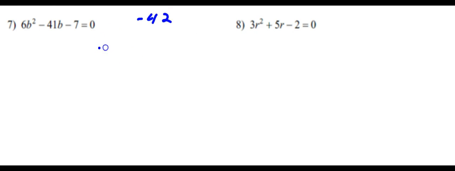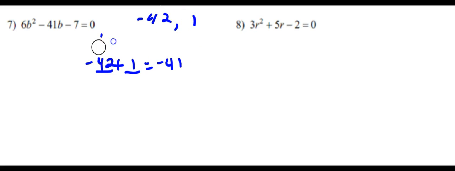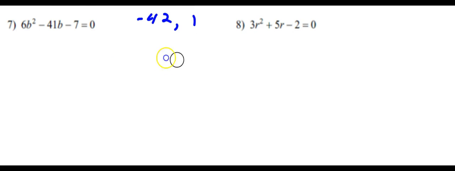So what multiplies to negative 42 and adds to negative 41, and it turns out that's just negative 42 times 1, and negative 42 plus 1. So our numbers are negative 42 and 1.